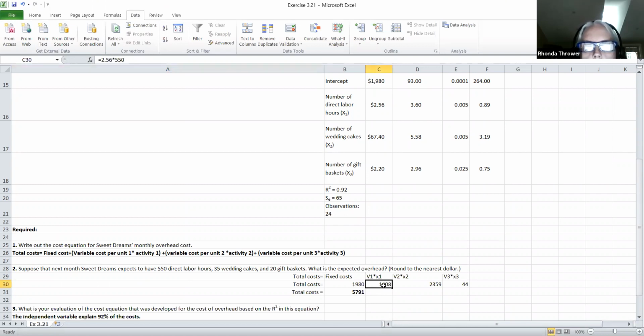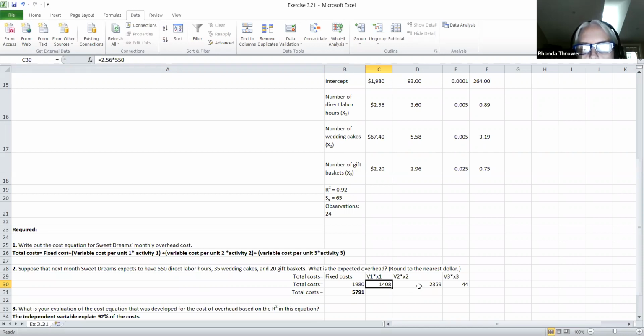And so what I did is I took $2.56, as you can see in my formula bar, and I multiplied that by 550 direct labor hours. This would give you the variable cost for the direct labor hours.